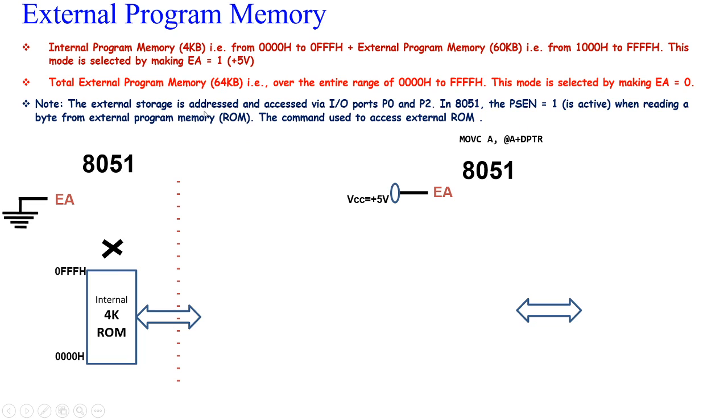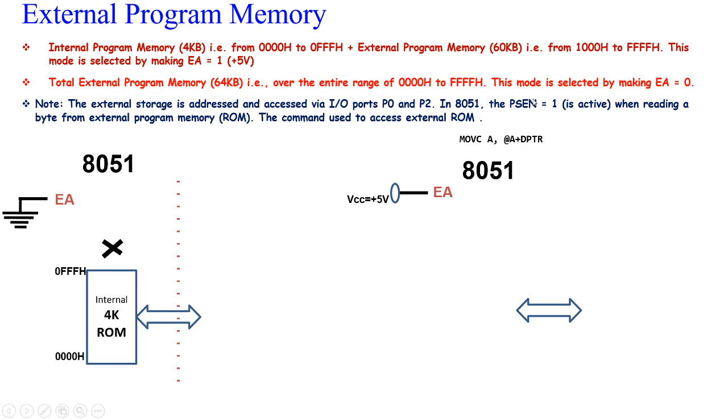Note the external storage address and access via input output ports P0 and P2. So this gives the address lower byte and higher byte, that is 16 bits, and 2 raised to 16 means 64K addresses.